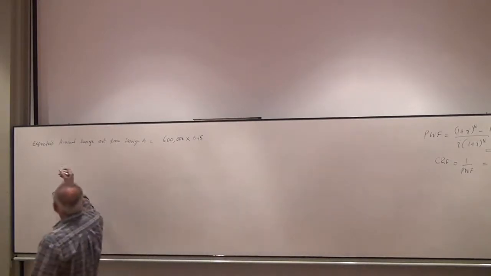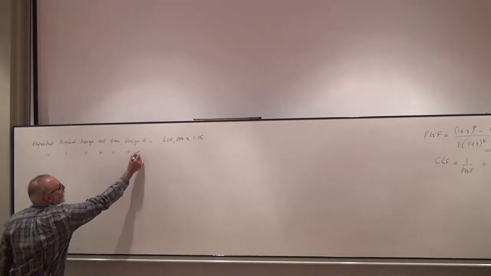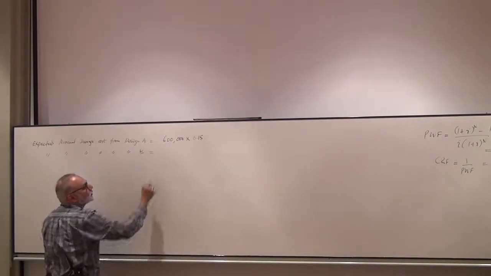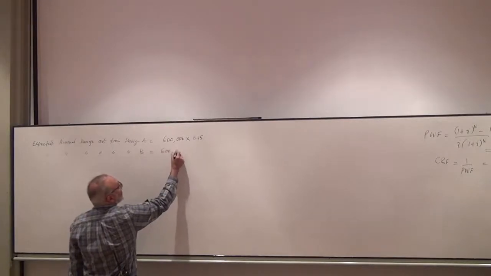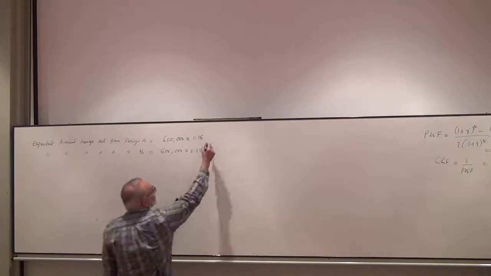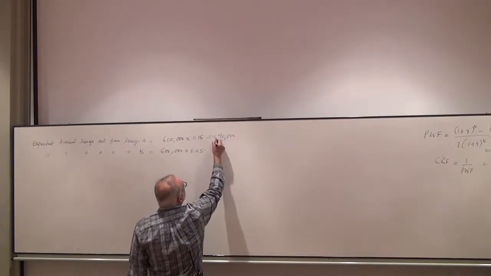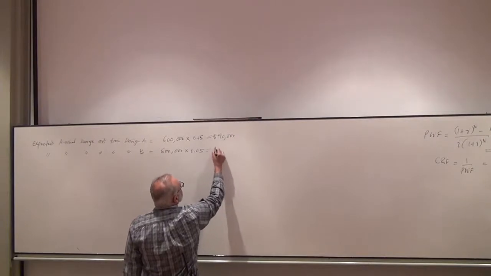And in the same way we can get the expected annual damage cost from design B: 600,000 multiplied by 0.05. I think this is $90,000. No, this one is 30,000.